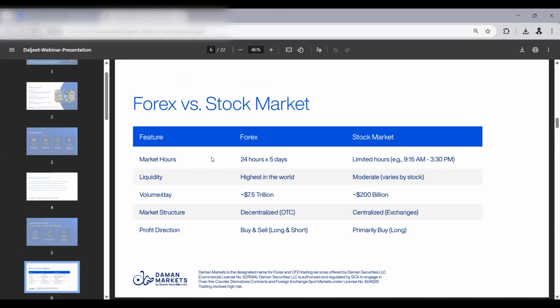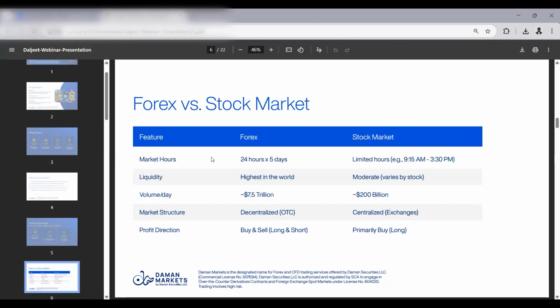Whereas the stock market has limited timing, starting from 9:15 a.m. in the morning and ending at 3:30 p.m. So for a working person, with a market open 24 by 5, we can actually have the advantage of trading around our schedule.